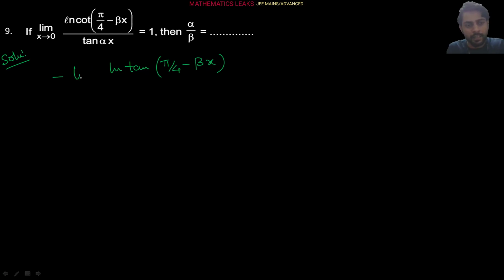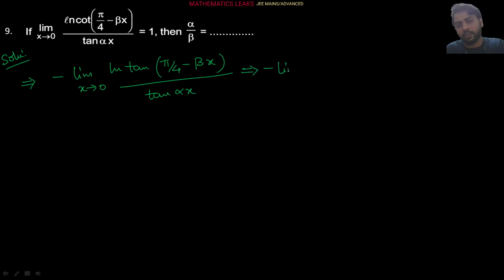That is limit x tends to 0, right? And in the denominator it is tangent of alpha x, right? So what will happen here? Just observe, minus of limit of x tends to 0, and then tan of pi by 4 minus beta x we are going to solve here.